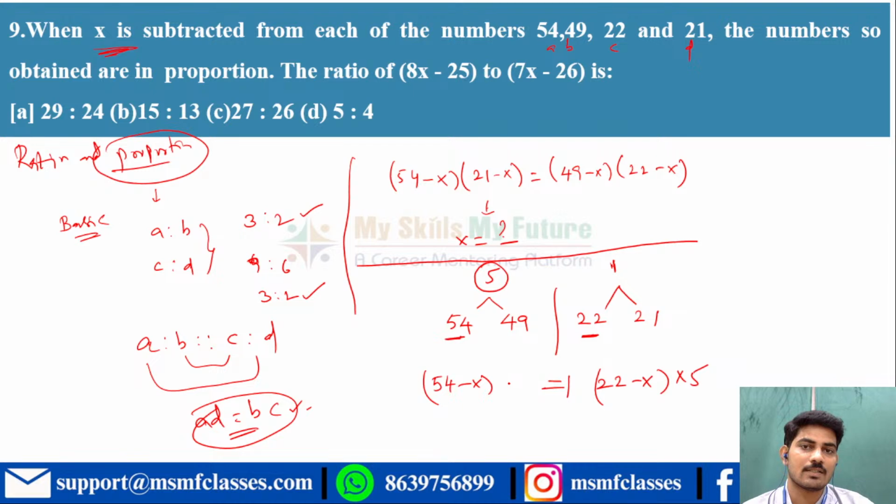If I do the calculations, it will be 54 minus x equals 110 minus 5x. Simplifying, 4x equals 110 minus 54.